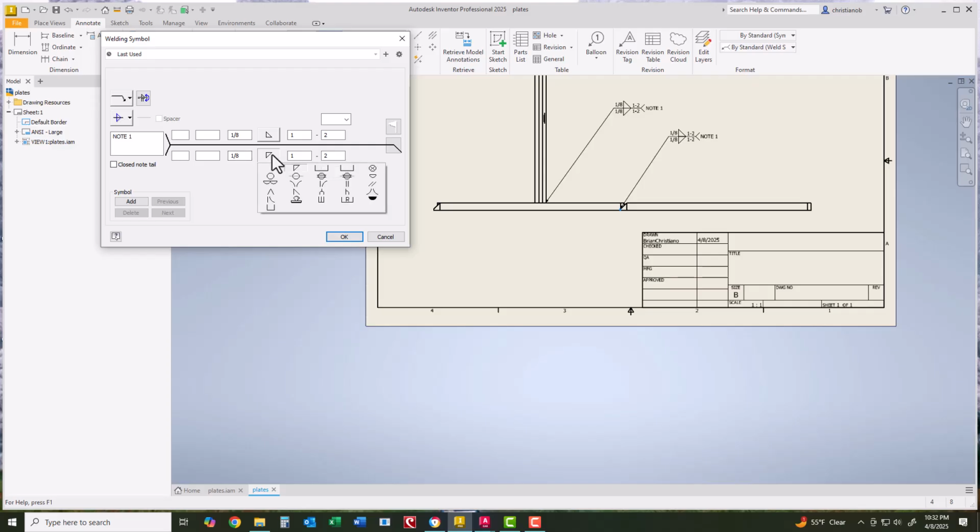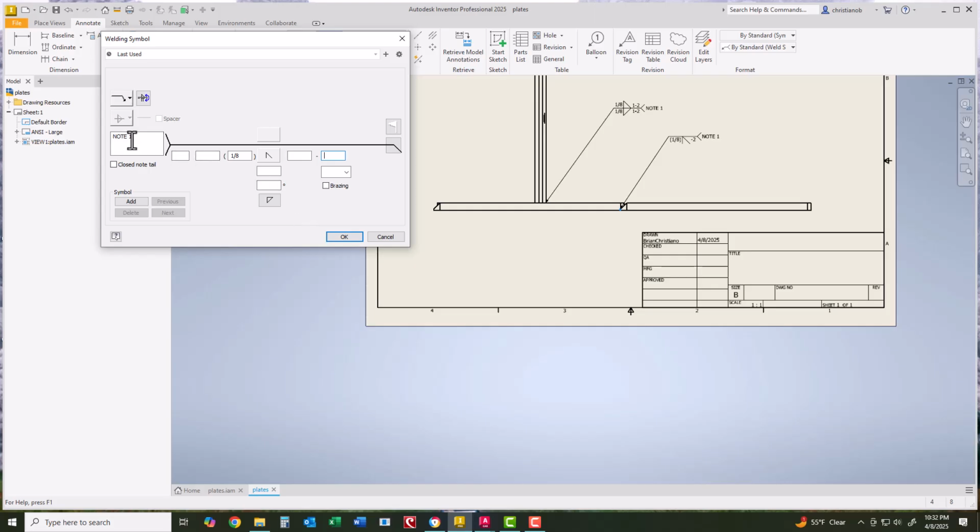Come down here and you're going to select the bevel groove, and again I'm going to delete the length because I want a full weld. So I'm going to clear this. You notice this, and I'm going to clear this out. I don't want that.